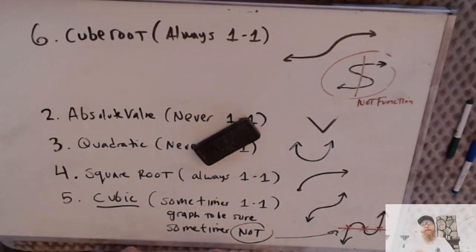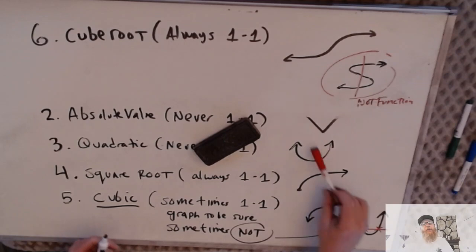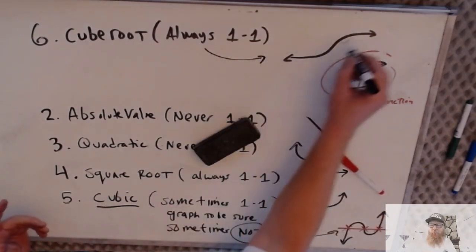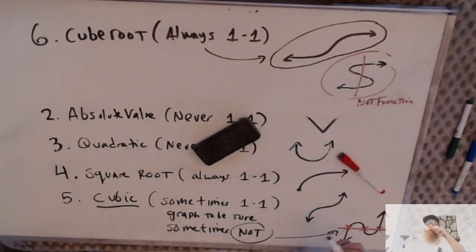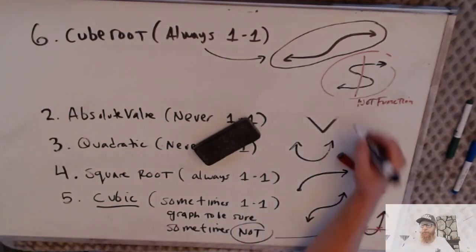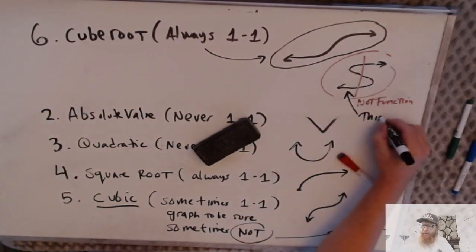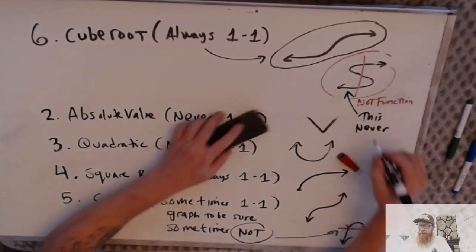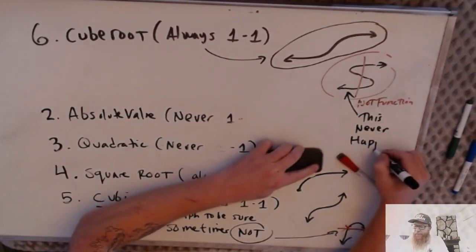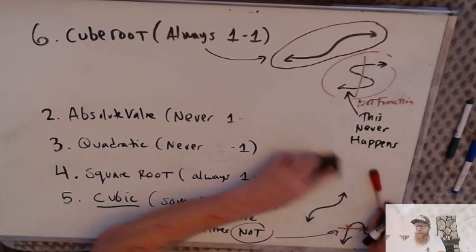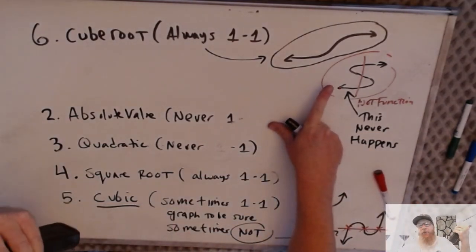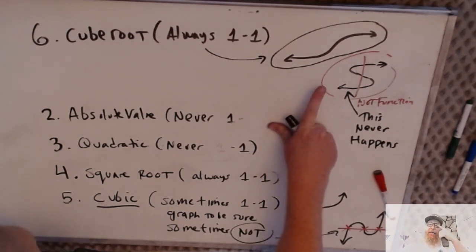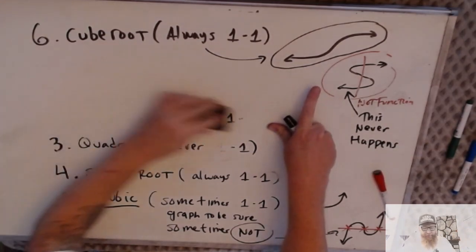So this is not a function. This will never happen. So the cube root will always look like this, and it's always going to be one-to-one. If this did happen, we would have kicked it out of chapter 3 way back at the beginning of chapter 3.